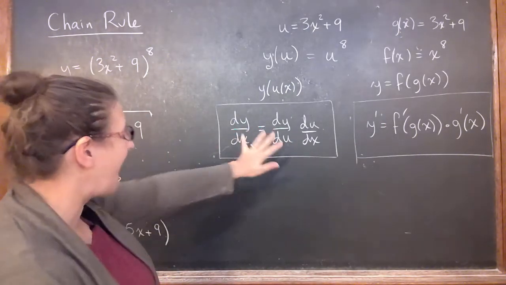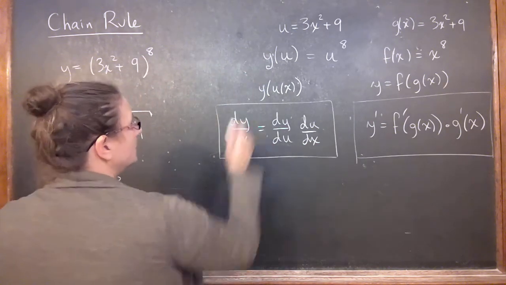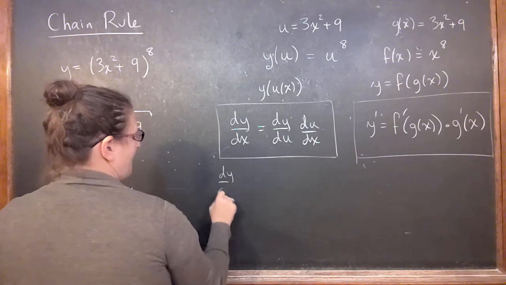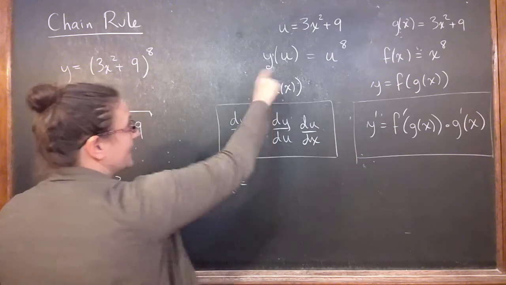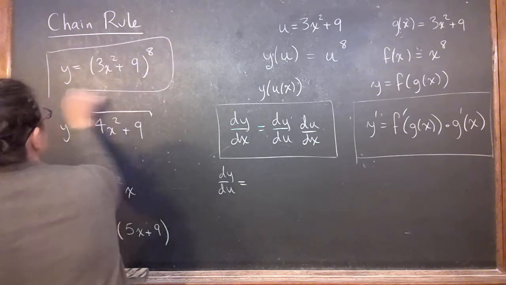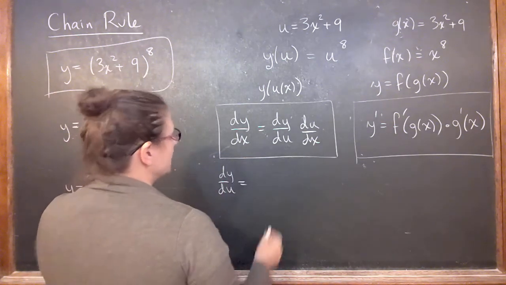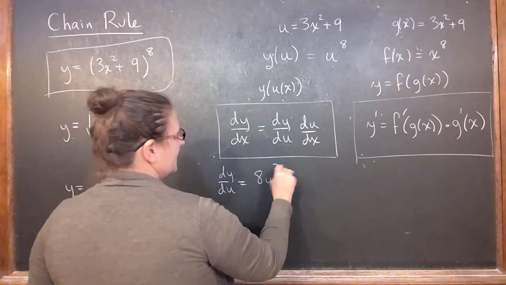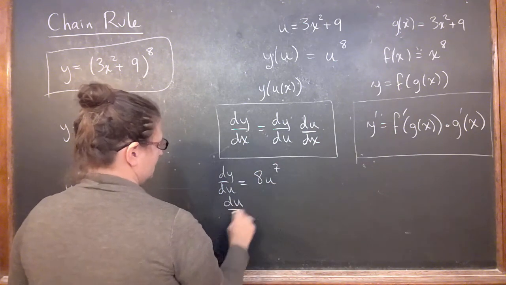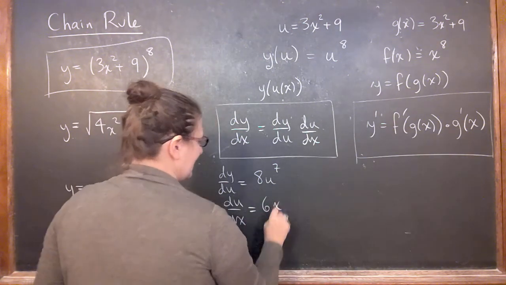But if we want to look at this explicitly, with this example, dy du is going to be 8u to the 7th, and du dx, the inner part, is just going to be 6x.